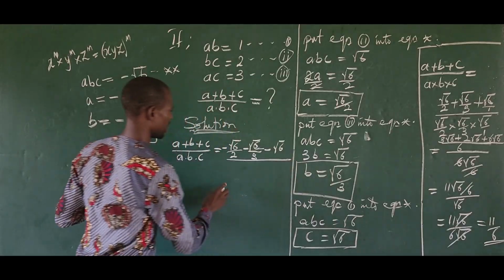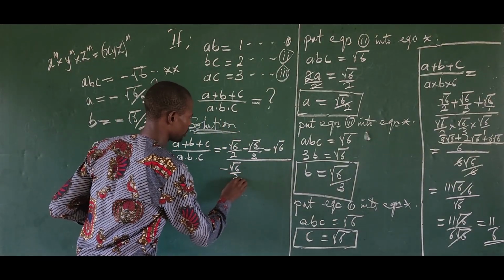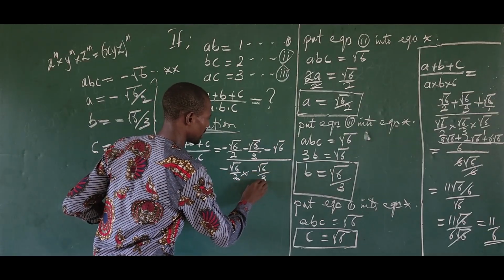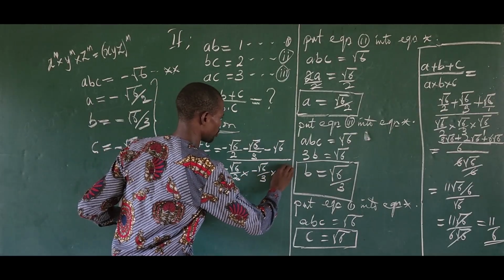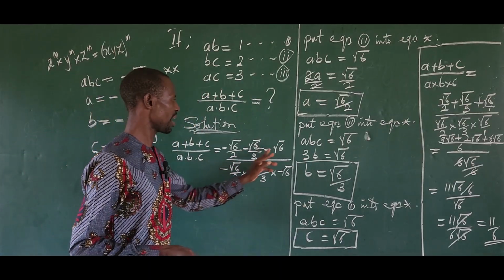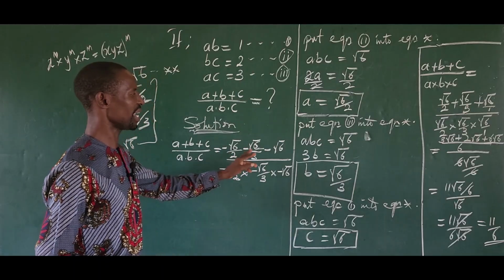Everything all over minus root 6 all over 2 times minus root 6 all over 3 times minus root 6. All right.